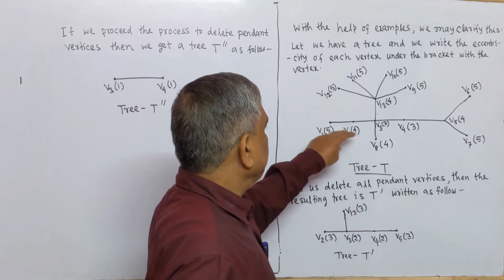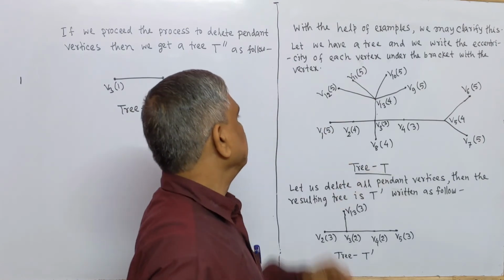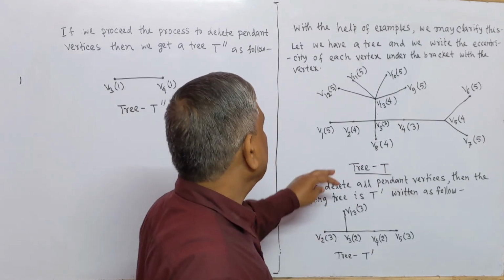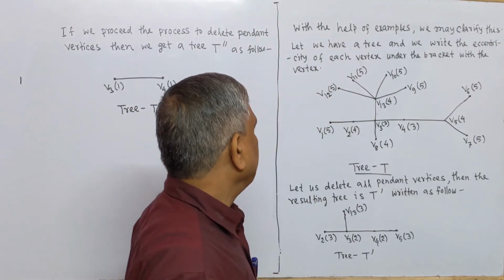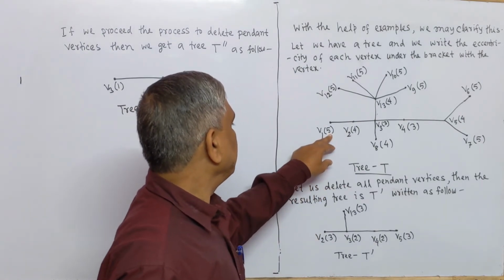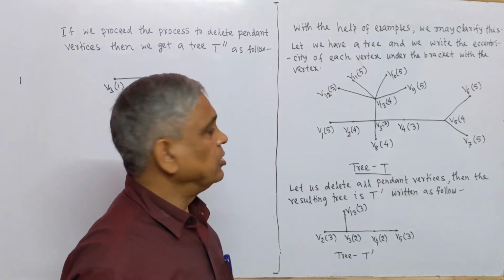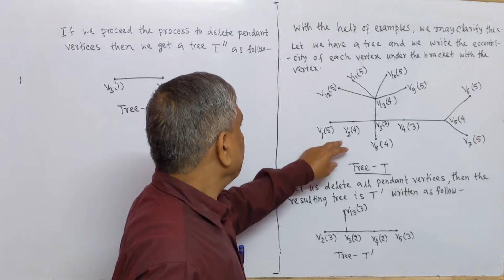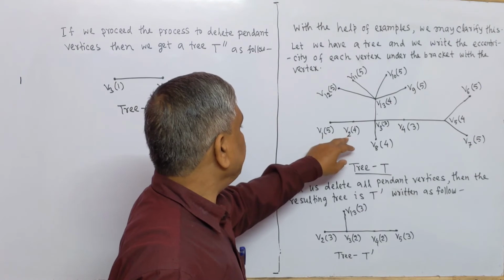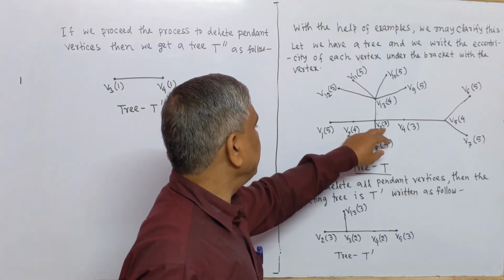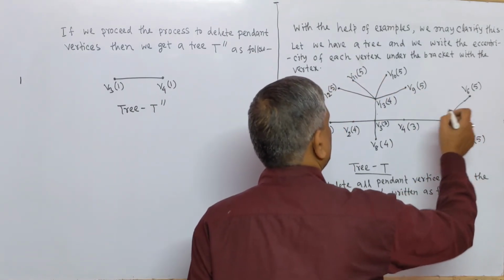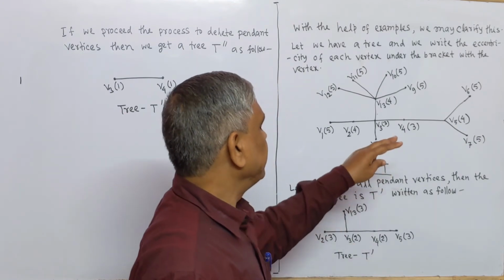Here, this is a tree T. Here, the tree T has 13 vertices. Here, eccentricity of V1 is 5, eccentricity of V2 is 4, eccentricity of V3 is 3, and in this way we are getting eccentricity of each of vertices under the bracket.